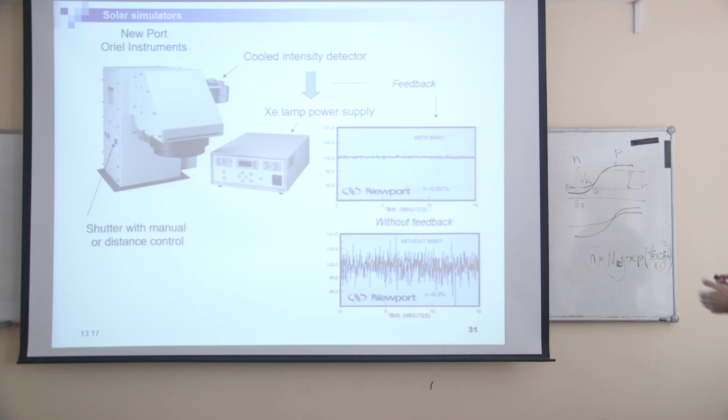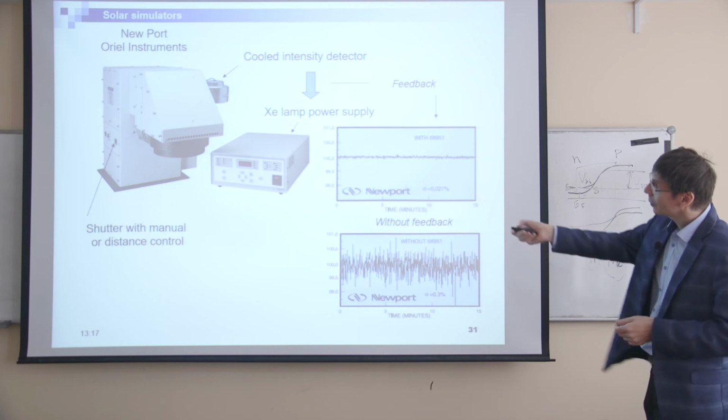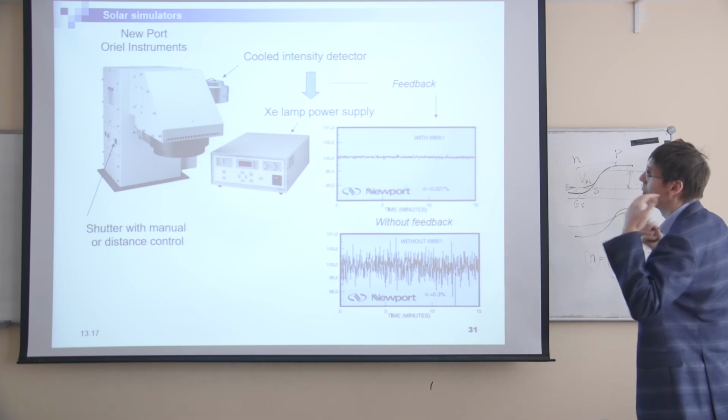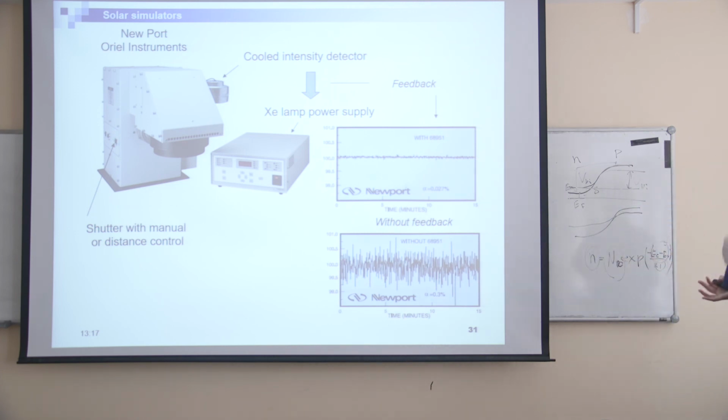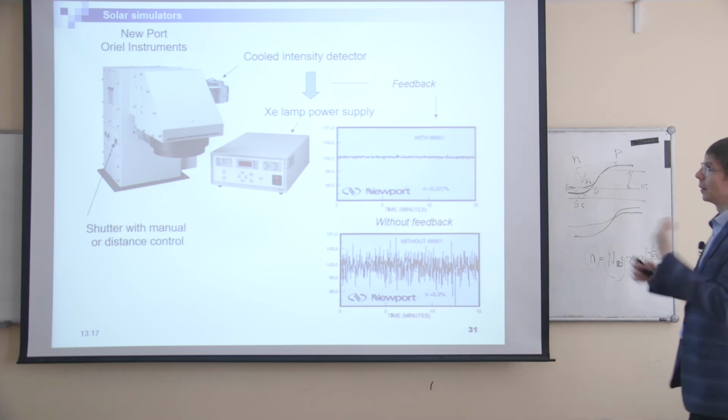And this is how the solar simulator looks. The way to get better temporal stability is to use feedback.